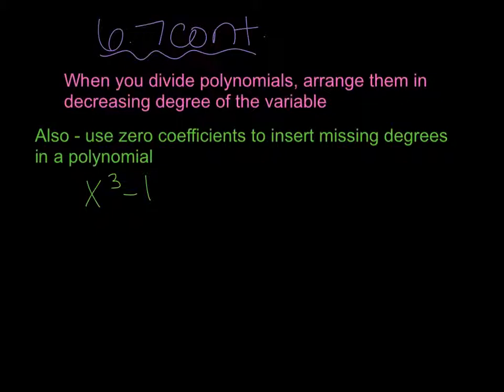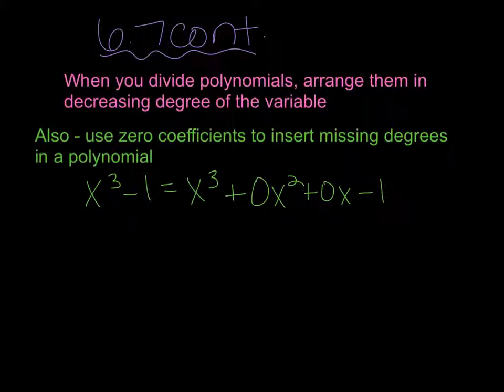If you don't have them, we're going to rewrite this polynomial as x cubed plus 0x squared. And the reason we can do this: what is 0x squared? It's just 0, so I'm not really changing it. But I can now see that I have an x squared. And we're going to do the same thing with my x, so plus 0x, and then I have the minus 1 at the end.